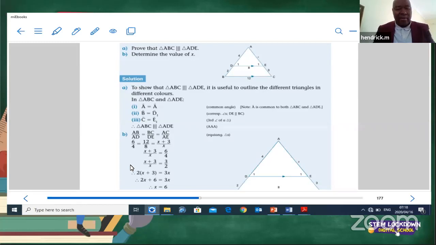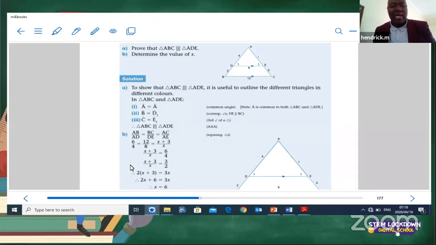The first thing that you'll see is that angle A appears in both triangles. Meaning that you will say angle A, which is in triangle ABC, is equal to angle A, which is in triangle ADE. What is the reason for that? That is a common angle. The angle is common in both triangles.